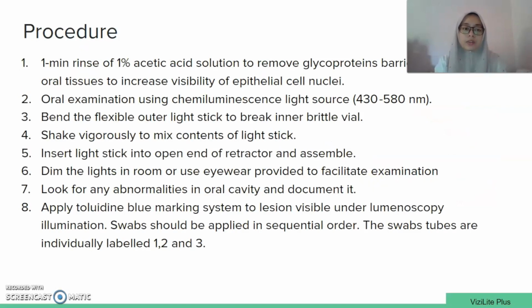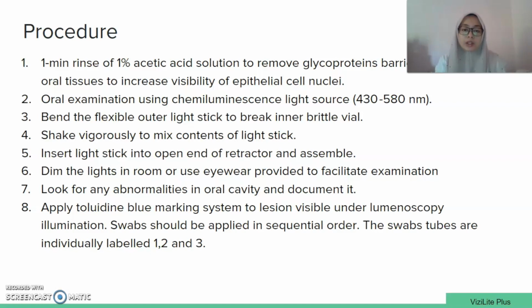The procedure of the VisiLight is that the lesion has to undergo a 1 minute rinse of 1% acetic acid solution to remove the glycoprotein barrier and desiccate the oral tissue to increase visibility of epithelial cell nuclei. Oral examination using a chemiluminescent light source of 430 to 580 nanometers wavelength is done.